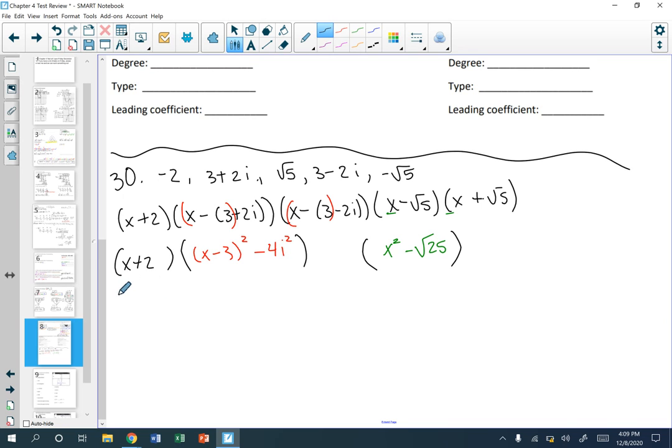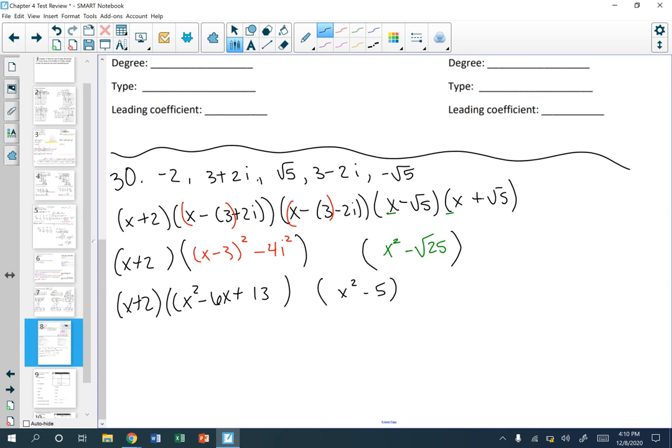Okay, so I have x plus 2, and I'm going to FOIL this to get x squared minus 6x plus 9. And then that is minus, remember, i squared equals negative 1. So negative 4 times negative 1 gives me plus 4. And then x squared minus 25 is x squared minus 5. All right, one more simplification here. 9 plus 4 is 13.